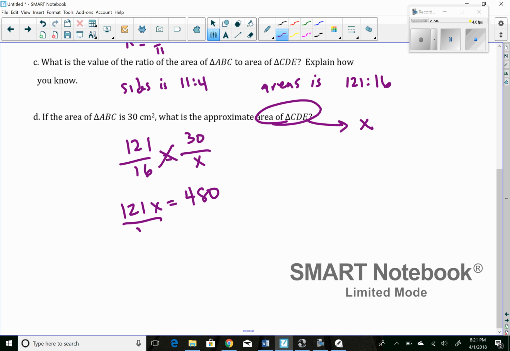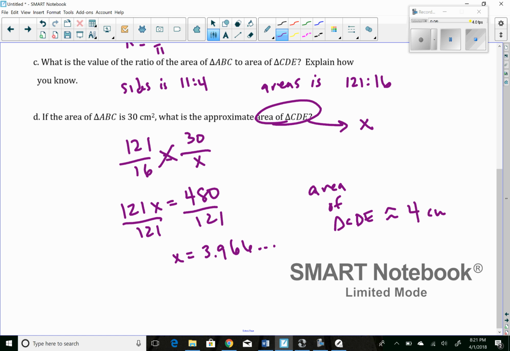If I then divide by 121, I get the area of 3.966 dot dot dot. It says approximate area, so I could say the area of triangle CDE is approximately 4 centimeters squared.